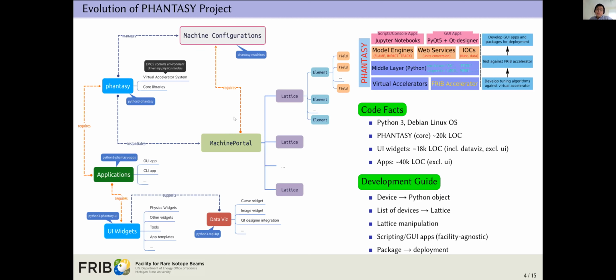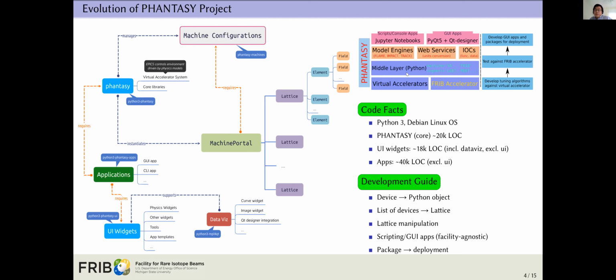Then you can program the whole lattice. Each lattice is composed of a sequence of elements, and each element has many fields you can control. So this is a hierarchical tree view from a device control perspective.